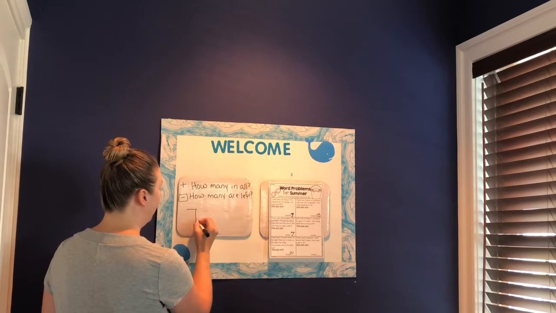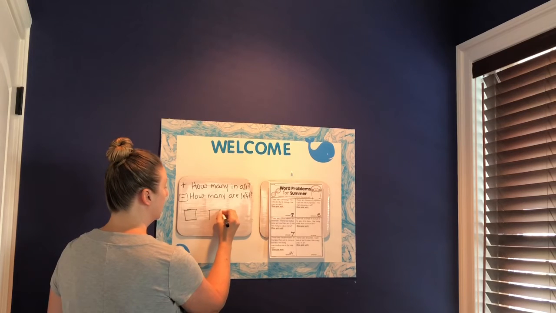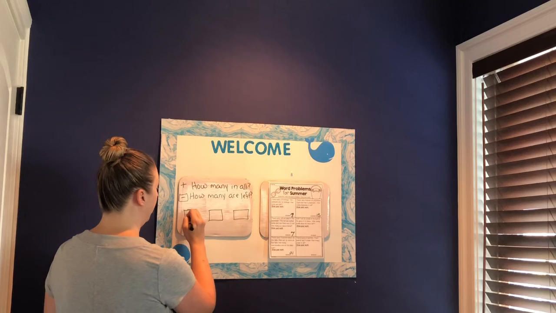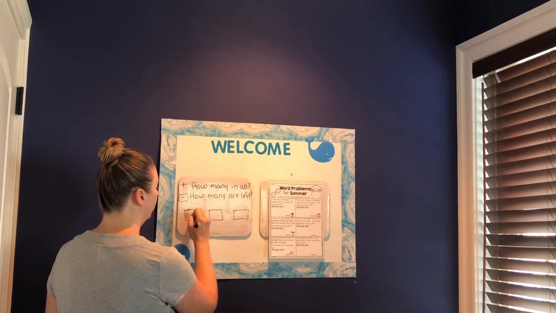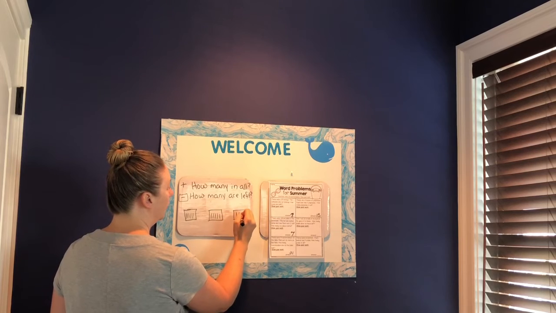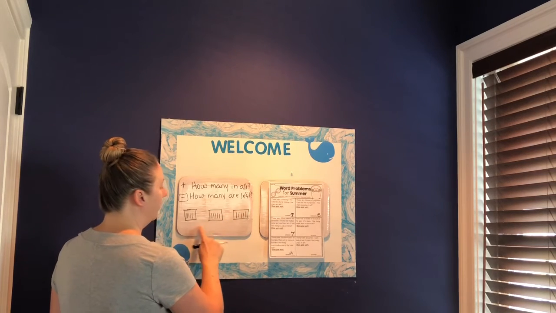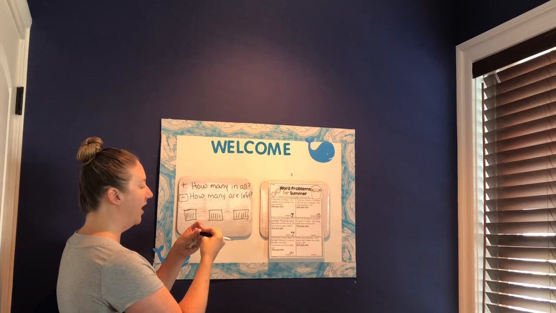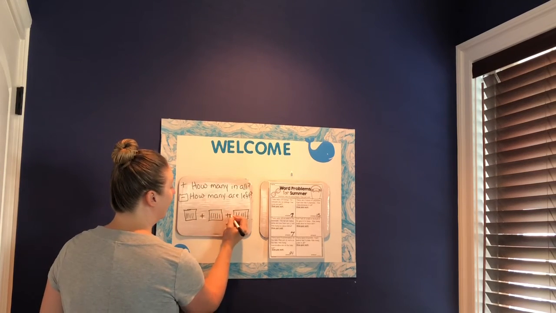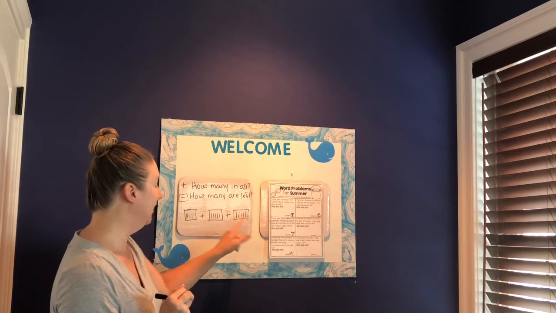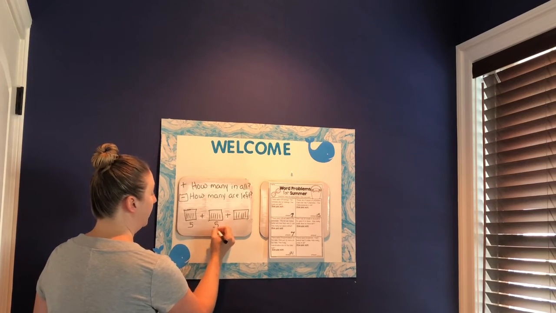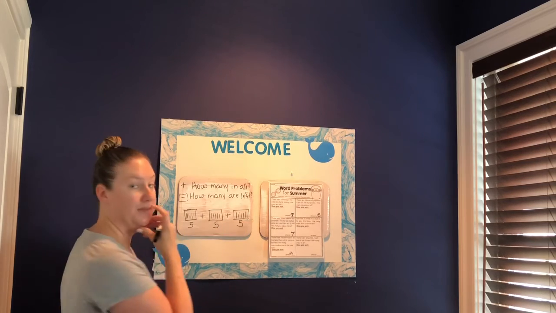But here we have 3 boxes. And in each box are 5 popsicles. 1, 2, 3, 4, 5. 1, 2, 3, 4, 5. 1, 2, 3, 4, 5. We want to find out how many are in all. So we want to add each of our boxes of popsicles. 5 popsicles here, 5 popsicles here, 5 popsicles here.